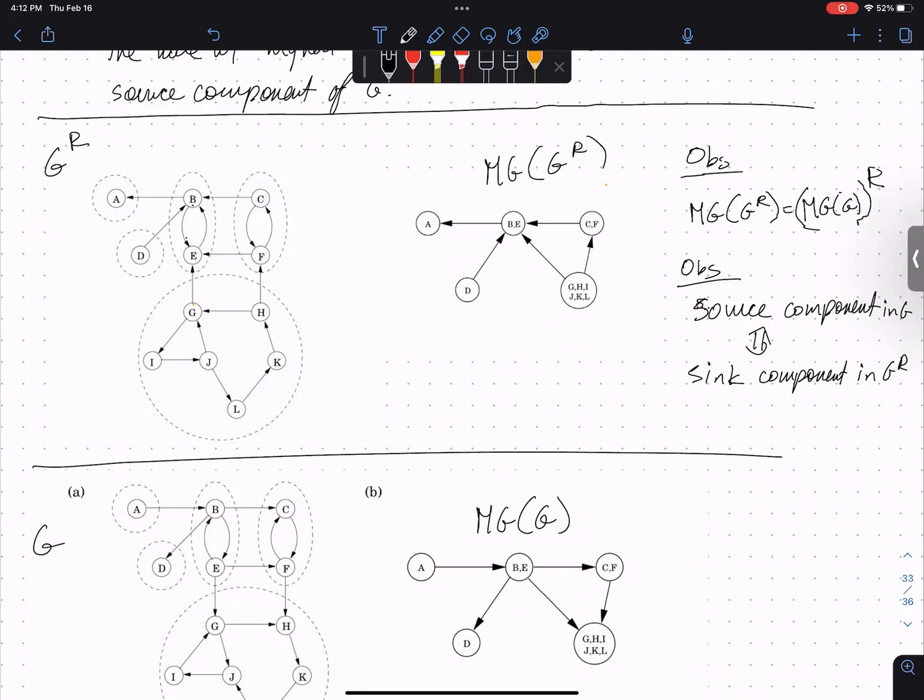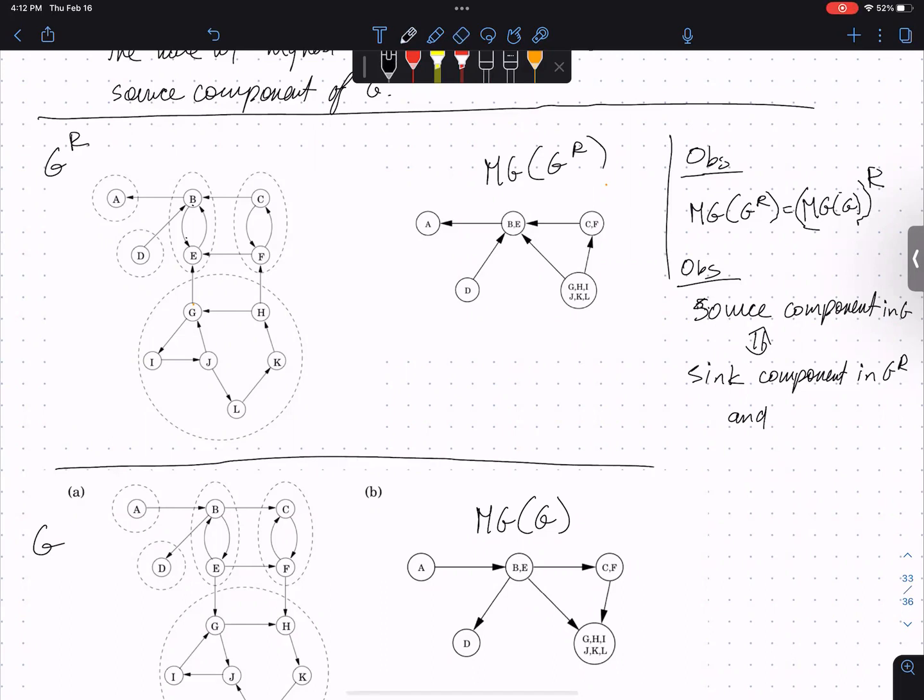And the opposite is true. Sink component in G becomes a source component in G reverse.